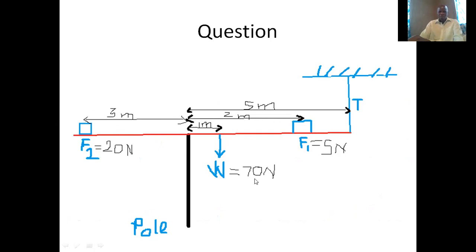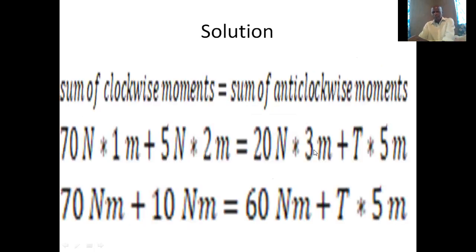Those are in the clockwise direction, which should be equal to 20 multiplied by 3 meters, the distance from the pivot to the pole, plus T, which is the tension, which is identified as being in the anti-clockwise direction, multiplied by the distance to the pivot, which is 5 meters. And this is what we have done here.